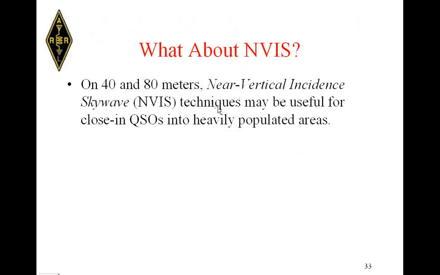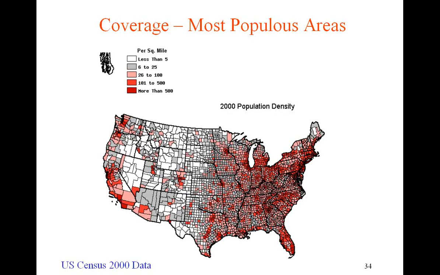Okay, now what about the so-called NVIS, or near vertical incidence skywave? There's on 80 meters and 40 meters where near vertical incidence skywave techniques are used. The close-in QSOs do involve some relatively high angles. For example, this is a population density map.